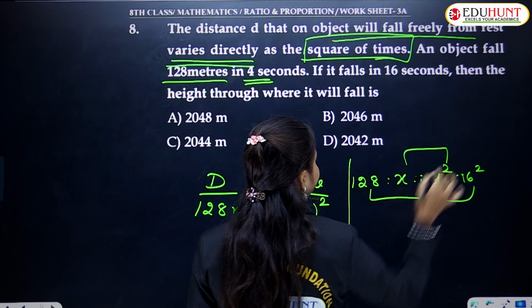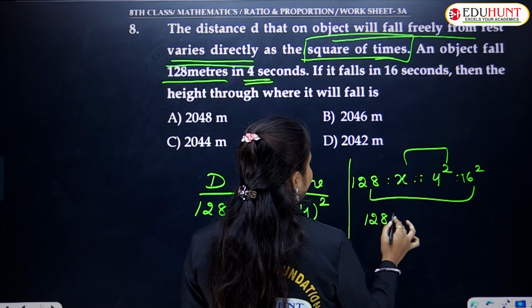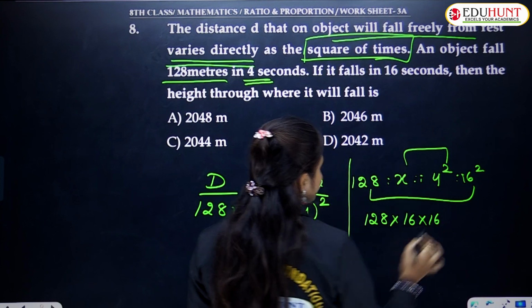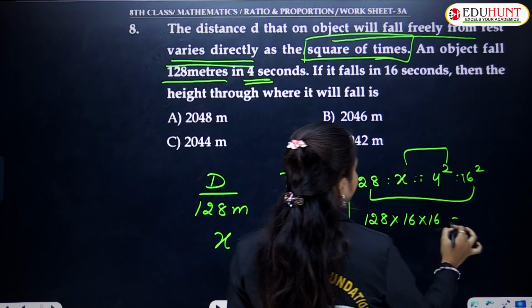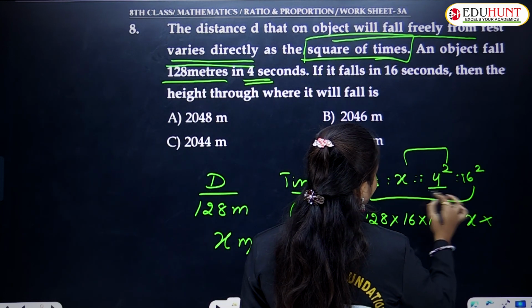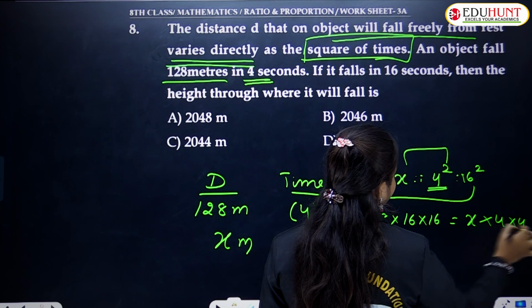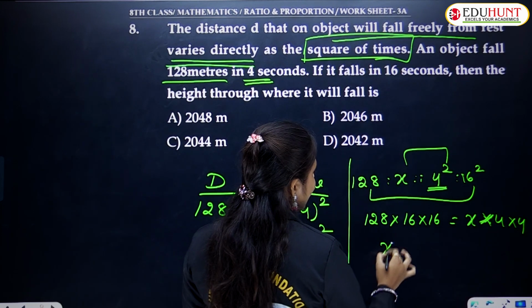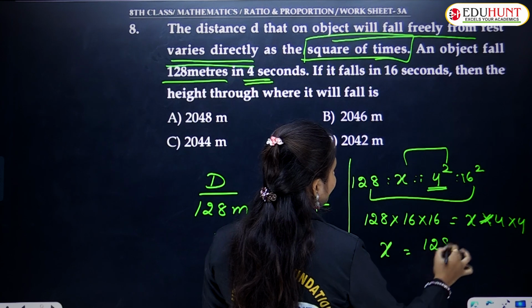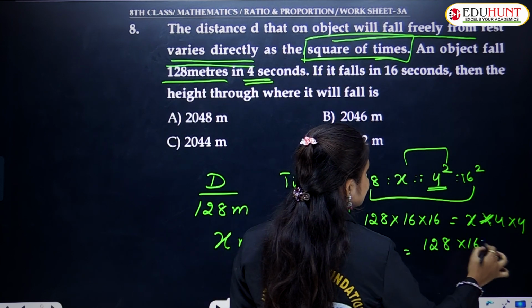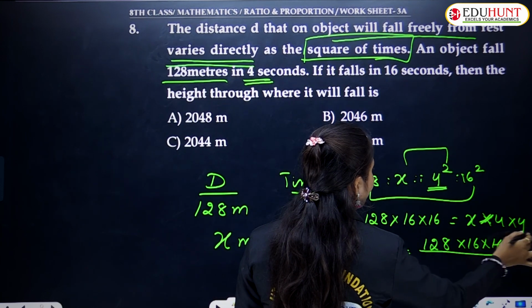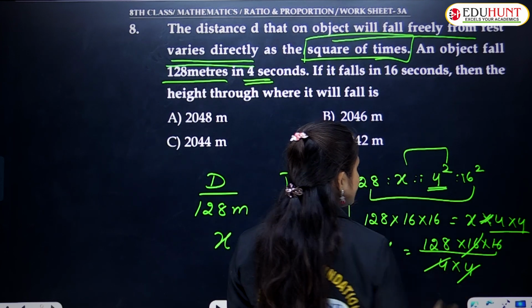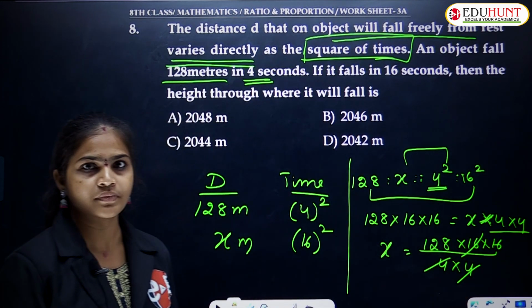So here 128 into 16 squared, we can write as 16 into 16, which is equal to x into 4 squared, which is 4 into 4. From this, x is equal to 128 into 16 into 16 whole by 4 into 4. 4 fours are 16, so the 16 cancels.